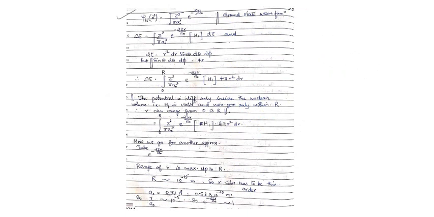Instead of psi naught, you would be plugging in root of z cube by pi a0 cube e raised to minus zr by a naught. So in the expression for expectation value for energy, you have delta E as integral psi naught star. Here we don't have any imaginary terms involved. So psi naught star is psi naught itself, and psi naught star times delta V times psi naught d tau.